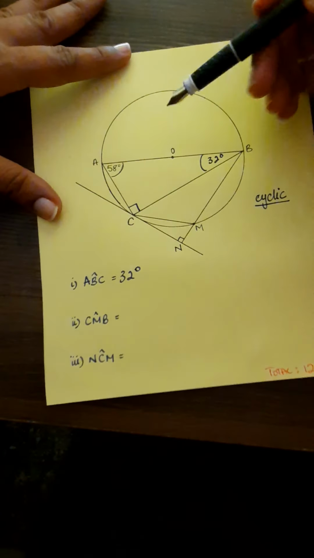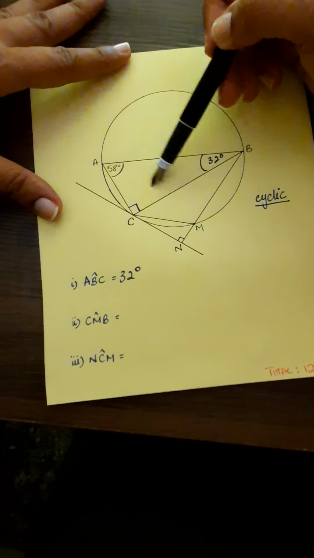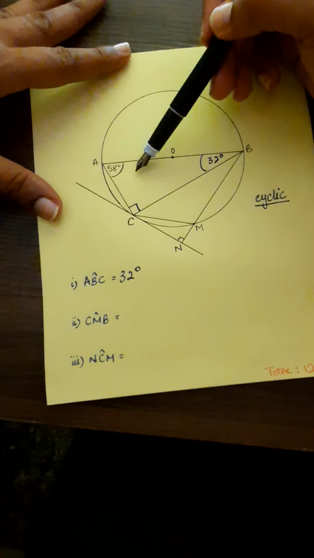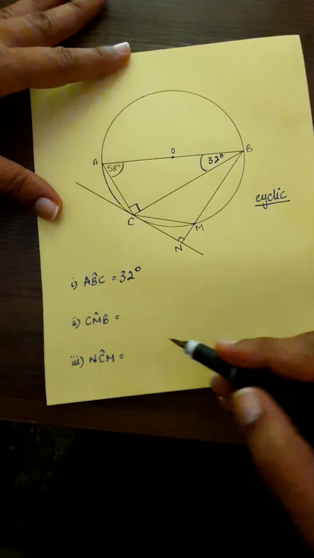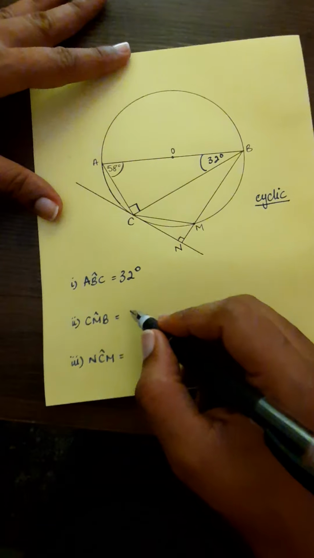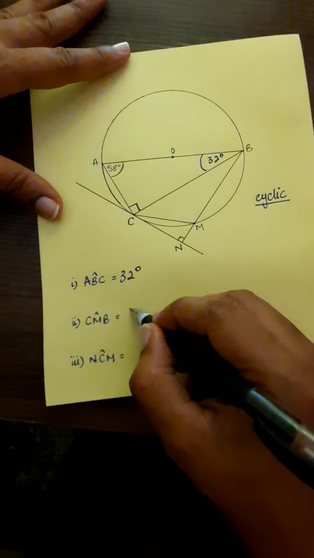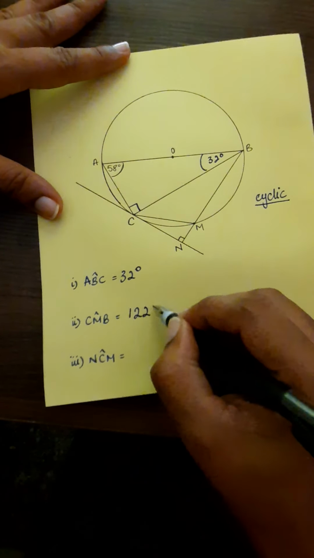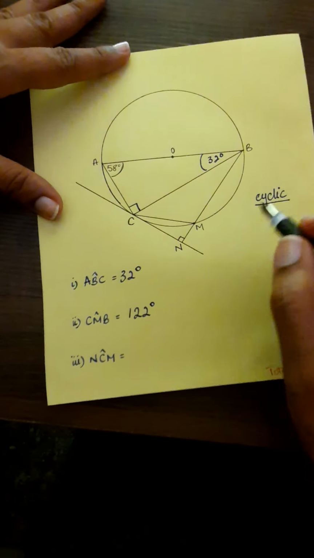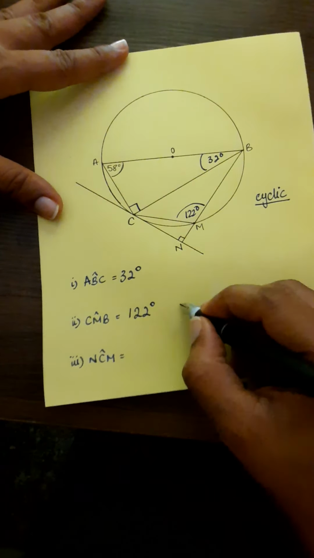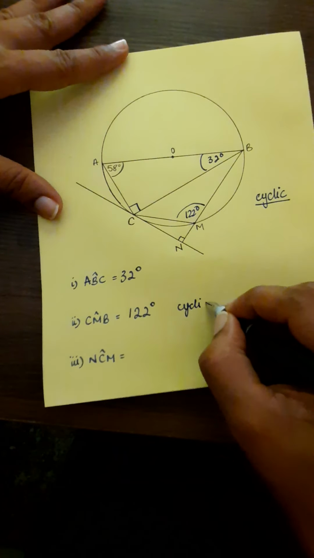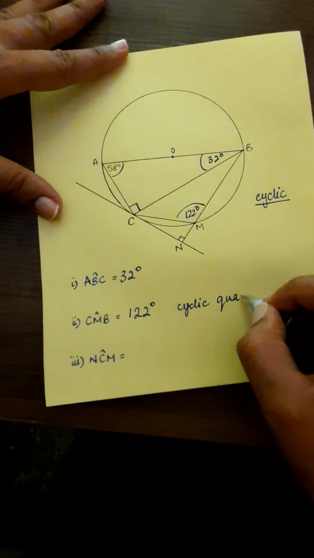In a cyclic quadrilateral, opposite angles add up to 180 degrees. So for CMB it will be 180 minus 58, which will be 122 degrees, and you can put cyclic quadrilateral as your reason.